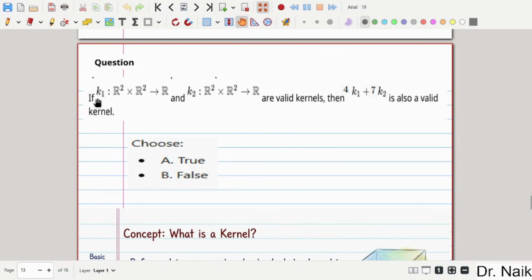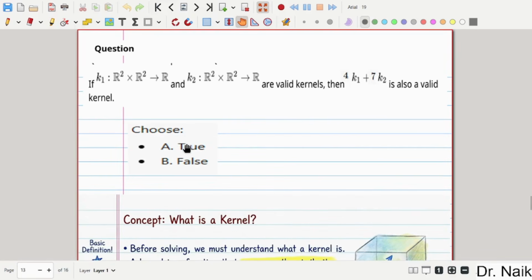Next question: if K1 is a function from R2 cross R2 to R and K2 is a function from R2 cross R2 to R, and both are valid kernels, then 4K1 plus 7K2 is also a valid kernel.